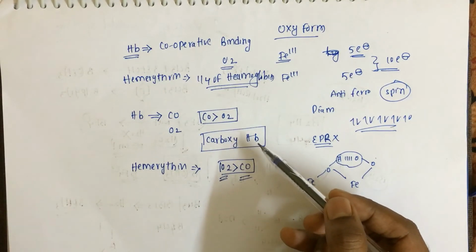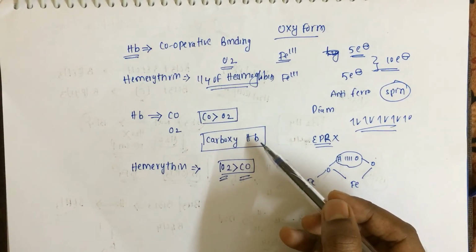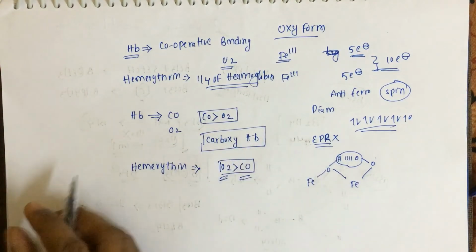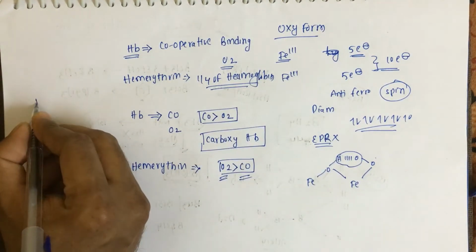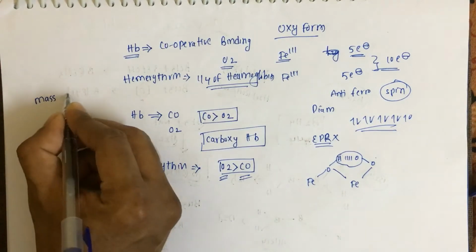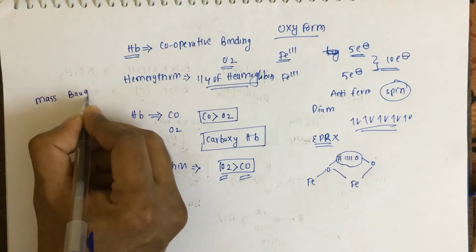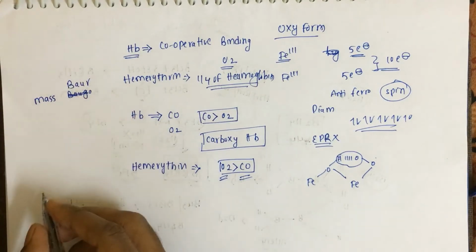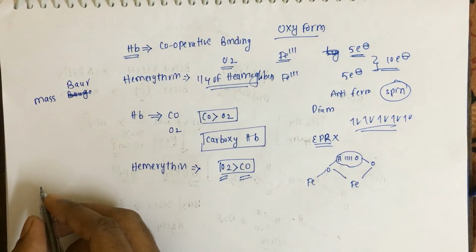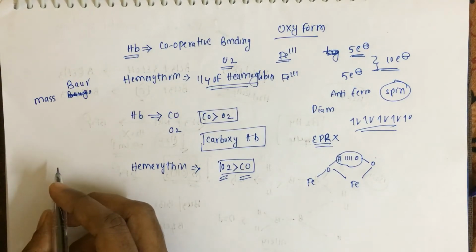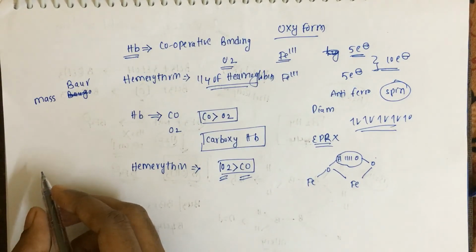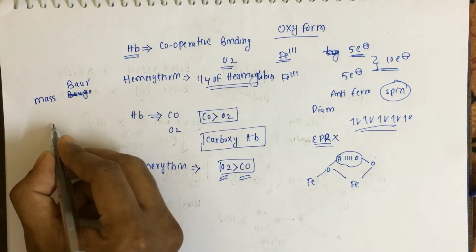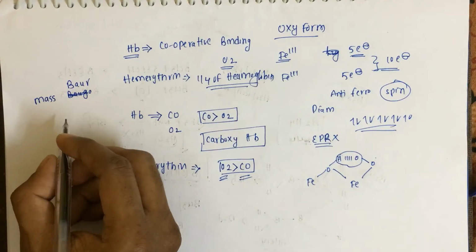And this hemerythrin we can also characterize by using Mossbauer spectroscopy. In Mossbauer spectroscopy, we have to look at the environment.